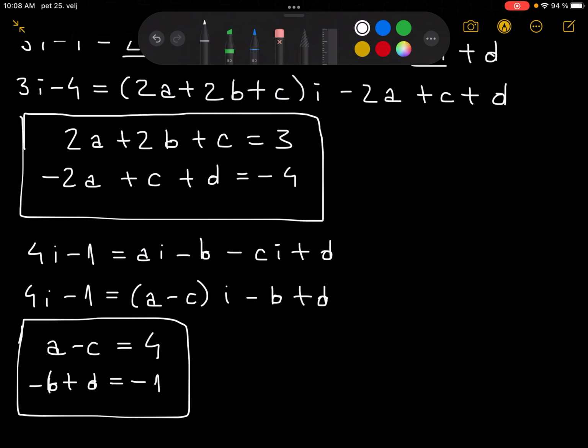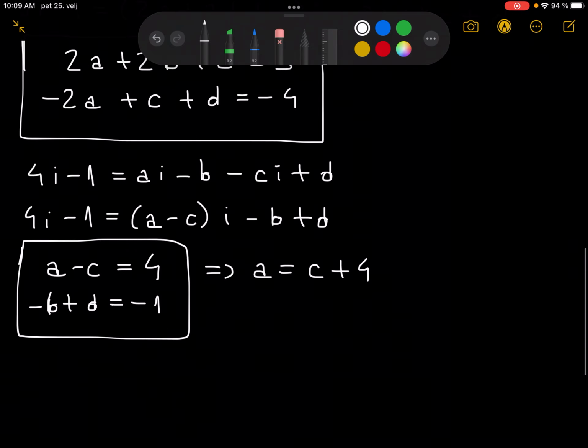Okay? So how can we solve this in the most elegant way? Well, from the first equation, we can say that a is equal to c plus 4, and from the other one we can say that d is equal to b minus 1.